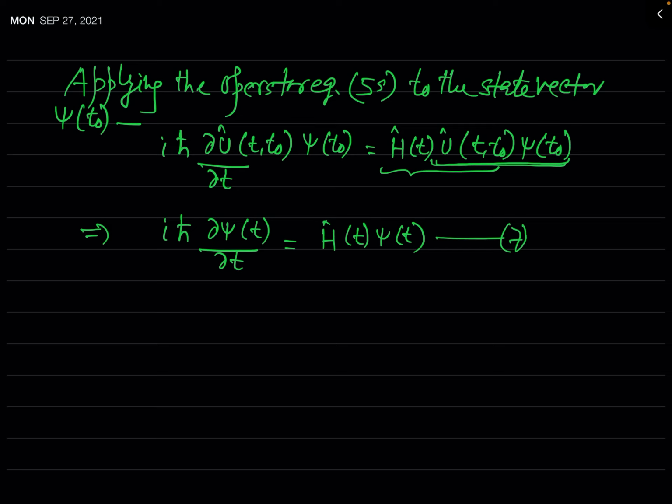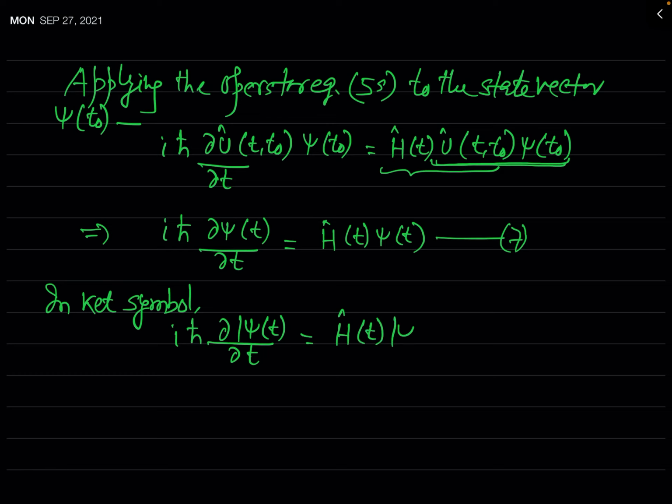In fact, in ket symbol, if you want to write this equation, what will that be? In ket symbol, we can write this equation in this manner: i h bar del ket psi of t by del t equal to h hat of t ket psi of t, and this is, let us say, equation 7a.